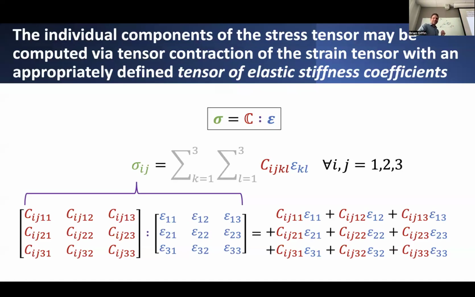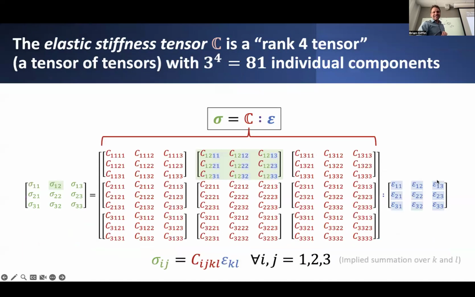So we can represent components of stress in this fashion using this tensor contraction operator. And we can construct this larger, let's call it the elastic stiffness tensor, which is basically an array of arrays, which is kind of a mind-bending concept.